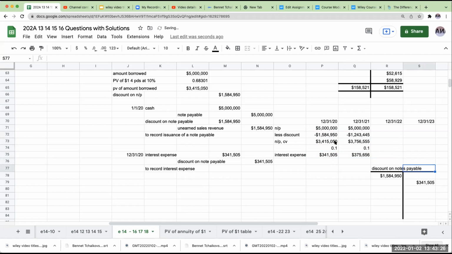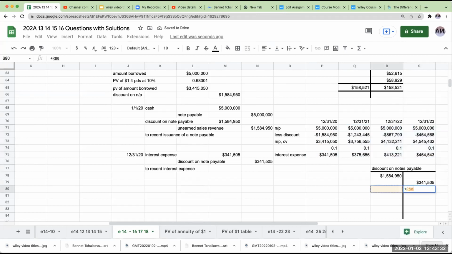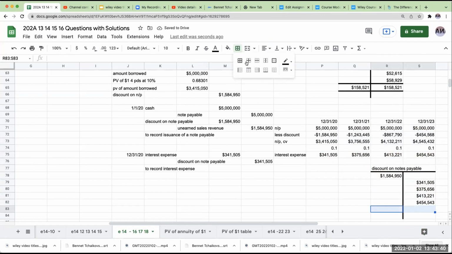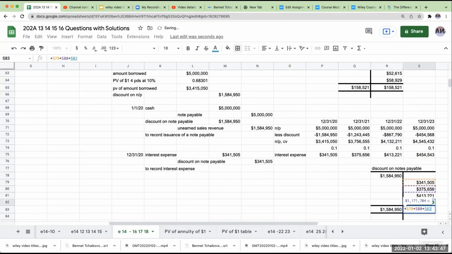So this now gives me $375,656. And if I do this for another 2 years, we'll see if this works out. So this is $375, $413, and then $454. So at the end of the 4 years, I have successfully amortized this. So my numbers are roughly about the same.